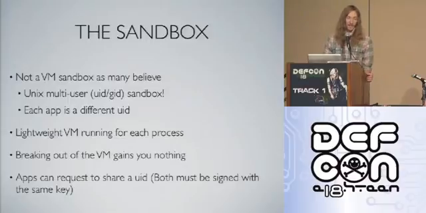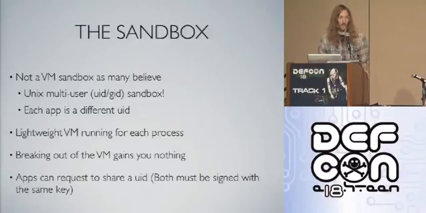If you're able to get native code execution, you're still going to be running the same process with the same user privilege that the VM itself had. Applications can both request to share a UID, so that they're essentially both running as the same user, and then they can share data on the file system and some other things. Both applications need to request that explicitly, and both applications would need to be signed with the same signer key.